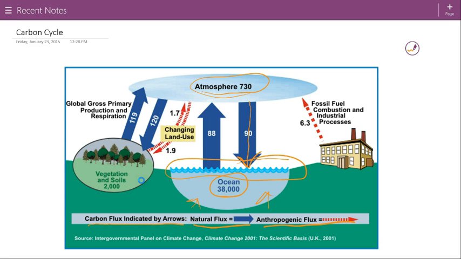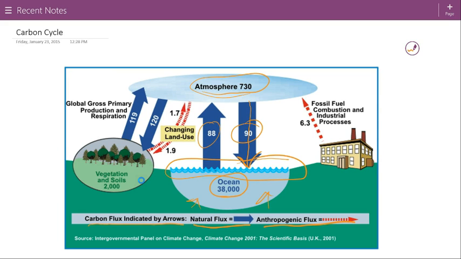As more water evaporates, the ocean is going to be giving off more carbon dioxide, and that is one of the sources of increased carbon dioxide in the atmosphere. Although you can see here, we've got 90 units going into the ocean and 88 units coming out, so they're very close, but at the moment we are still building up additional carbon in the ocean.